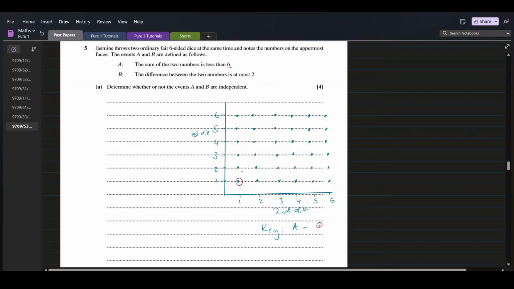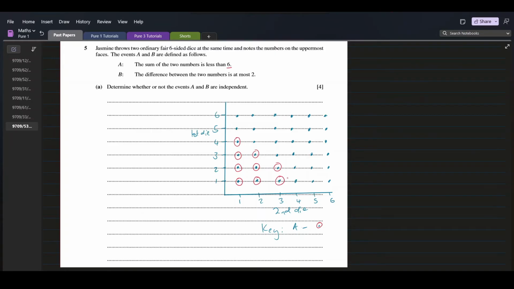So 1 plus 1 is less than 6, 2 plus 1, 3 plus 1, 4 plus 1, 5 plus 1 is equal to 6, so that doesn't satisfy our conditions. 2 plus 1, 2 plus 2, 2 plus 3, and then 3 plus 1, 3 plus 2, and then we've got 4 plus 1, and those are all the sums that are less than 6.